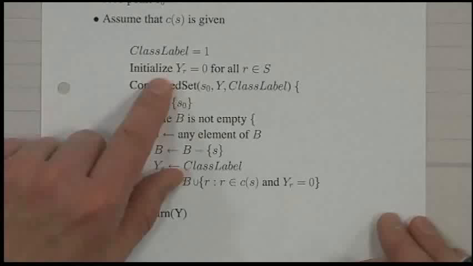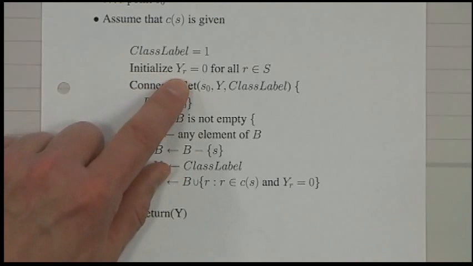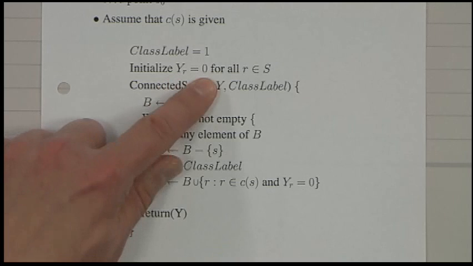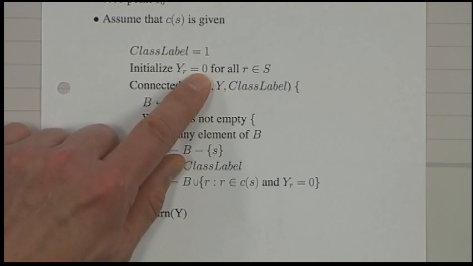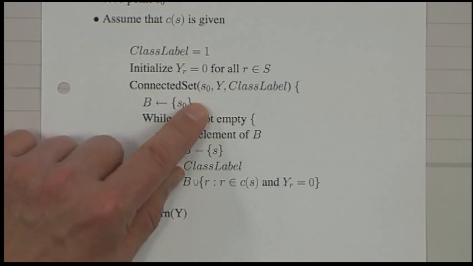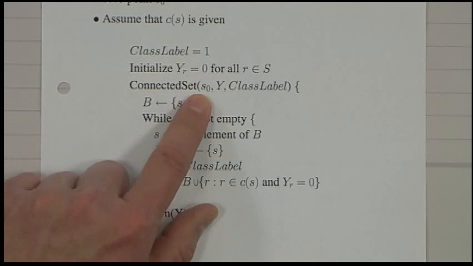But basically, the idea in this method is that you start off by initializing y sub r, which is the image where you keep all the labels. Each pixel is going to be labeled as to its class. You start off with every pixel labeled 0, which indicates that the pixel is not yet labeled. Now you call this function connected set, and you try to find every pixel which is connected to the seed pixel, S0.